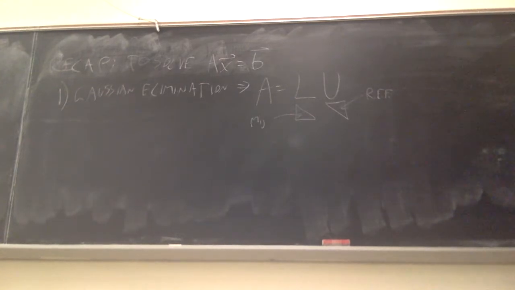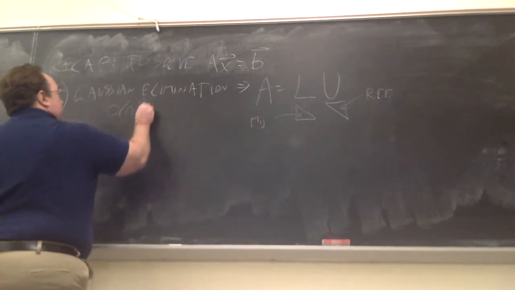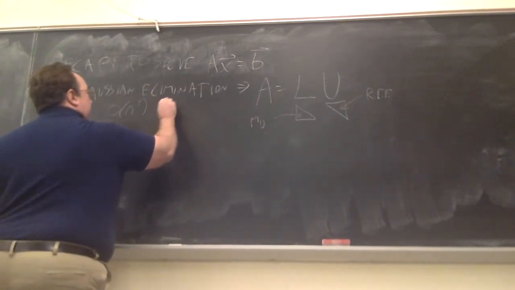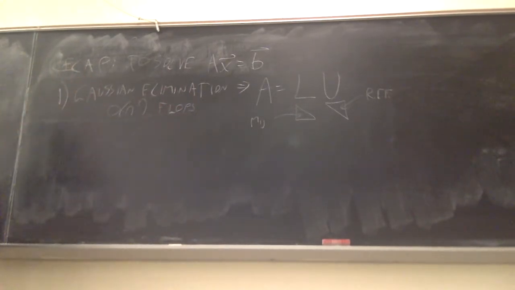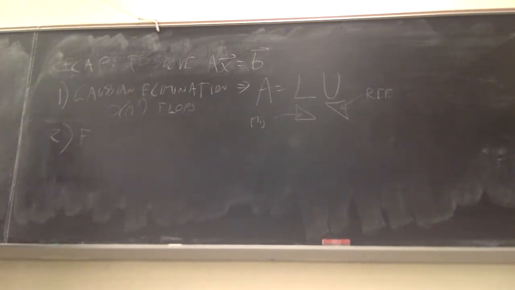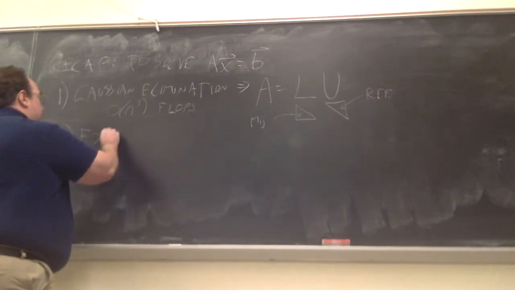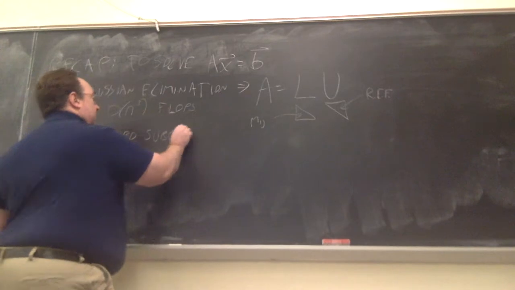And this requires order n cubed flops, floating point operations, or arithmetic operations. Okay, so that's the expensive part. And then, that is only applying the row operations to A. You still have to apply them to b, and forward substitution does that.